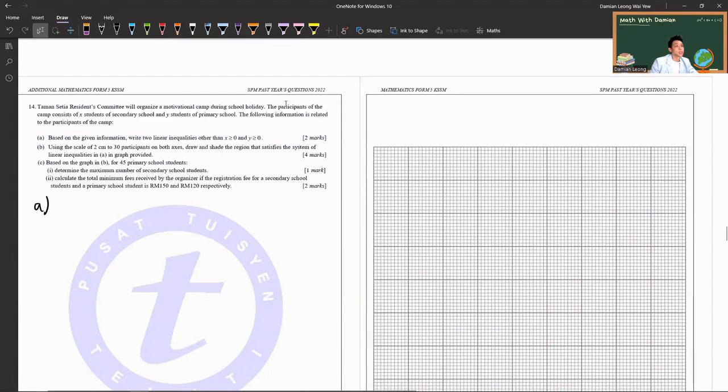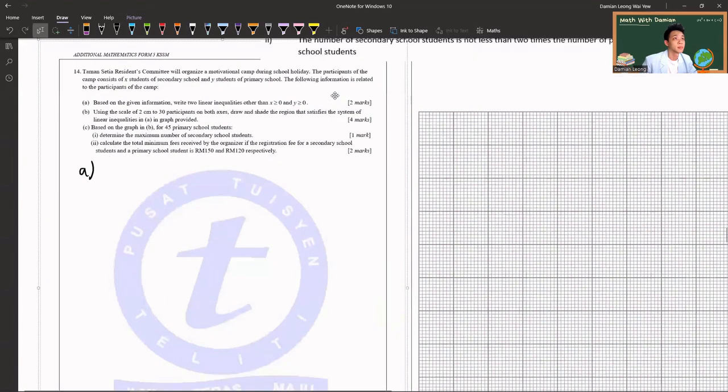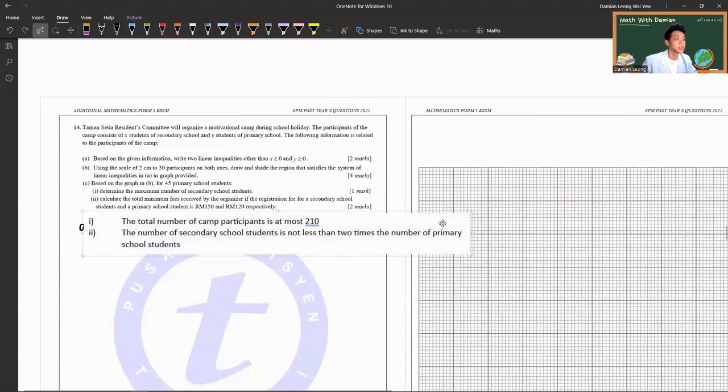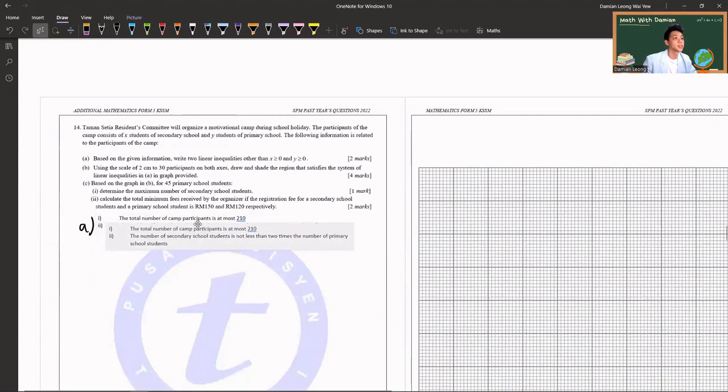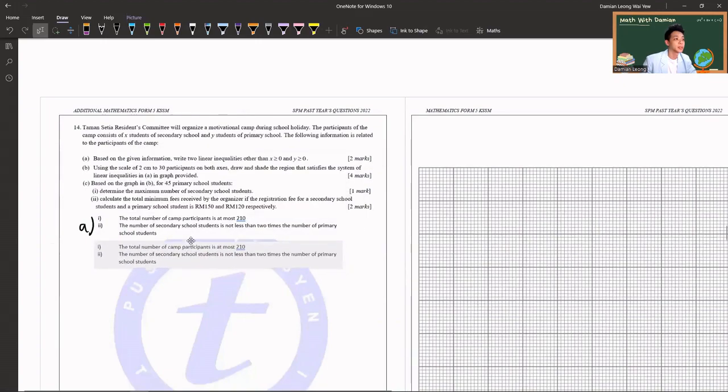So, participants of camp consist of x students. Missing some information here. This is based on the given information.